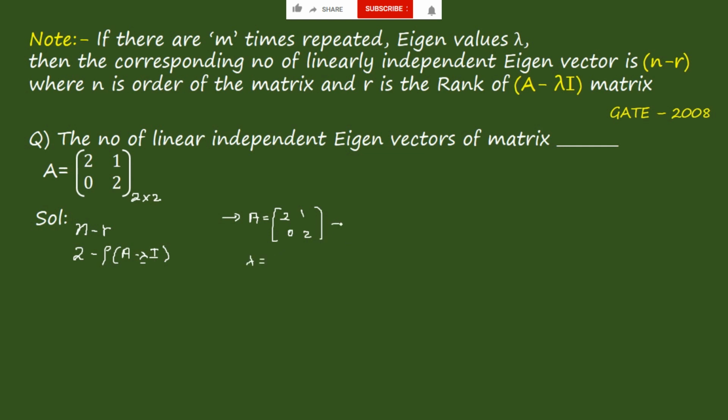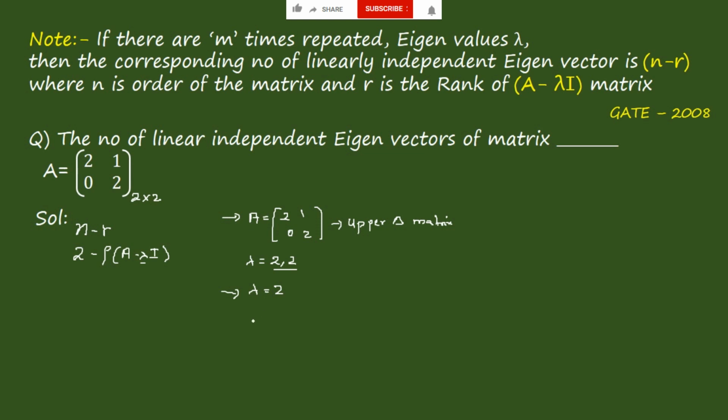You can see that there is nothing but upper triangular matrix, right? Triangular matrix, right? So lambda is nothing but diagonal elements 2, 2. So we have 2 times repeated eigenvalues. So if you consider lambda is equal to 2, okay.